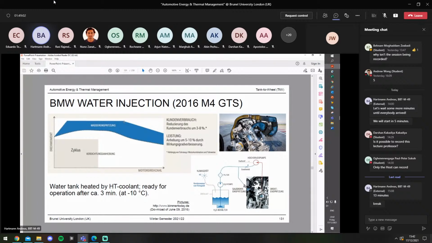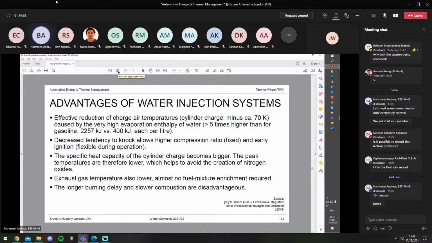So this means you can achieve a better consumption for the part load, and on the other hand, you don't face any issues when running on high load, because then you can apply the water injection and avoid any damages.